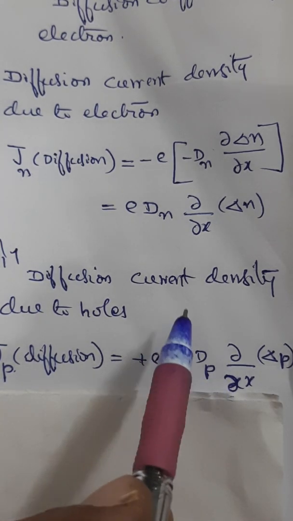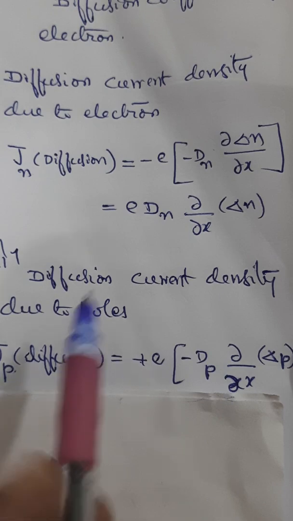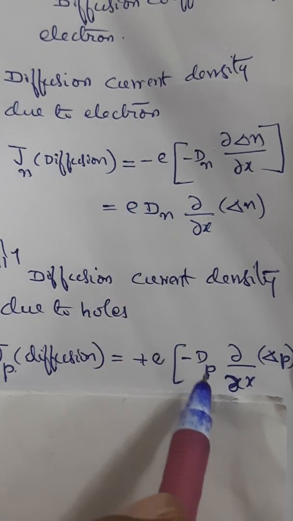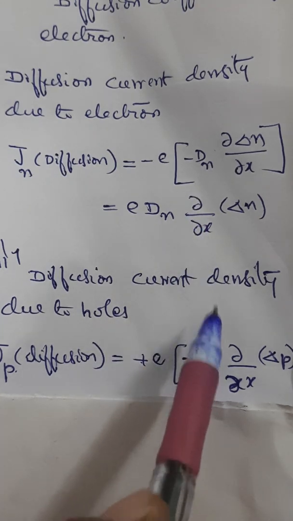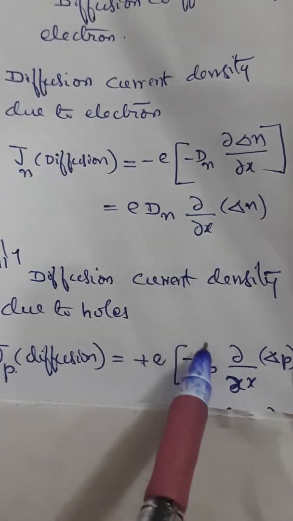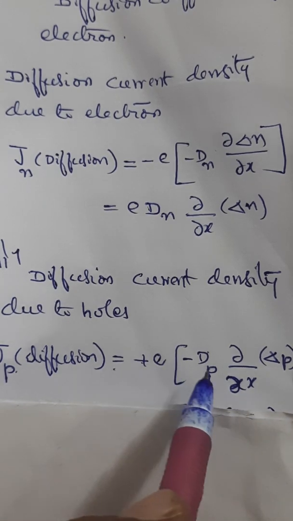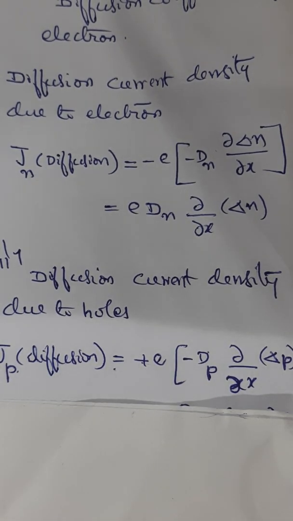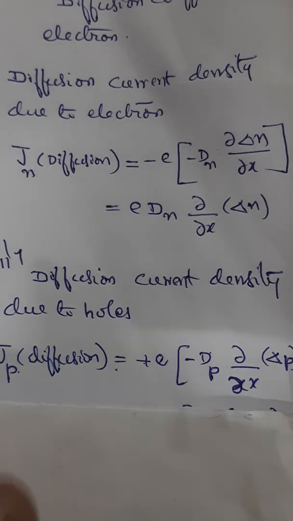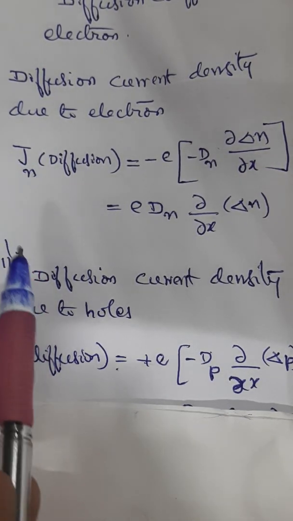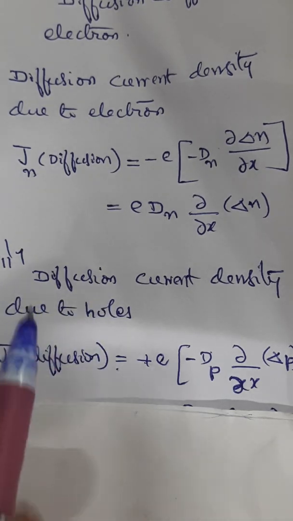So you have diffusion current density due to electrons and diffusion current density due to holes. So what will the total be? The total current density due to electrons is the sum of current density due to drift and diffusion. Again, be clear. Earlier we saw J drift due to electrons and J drift due to holes.